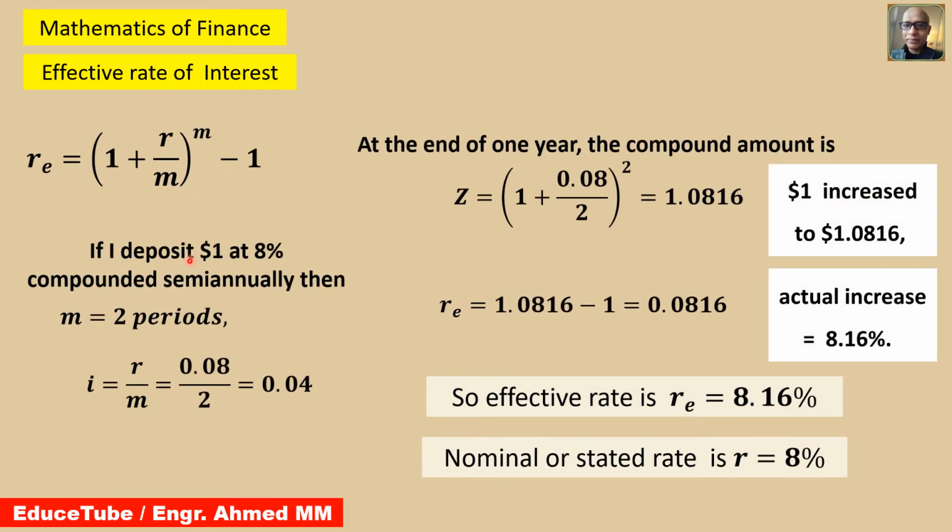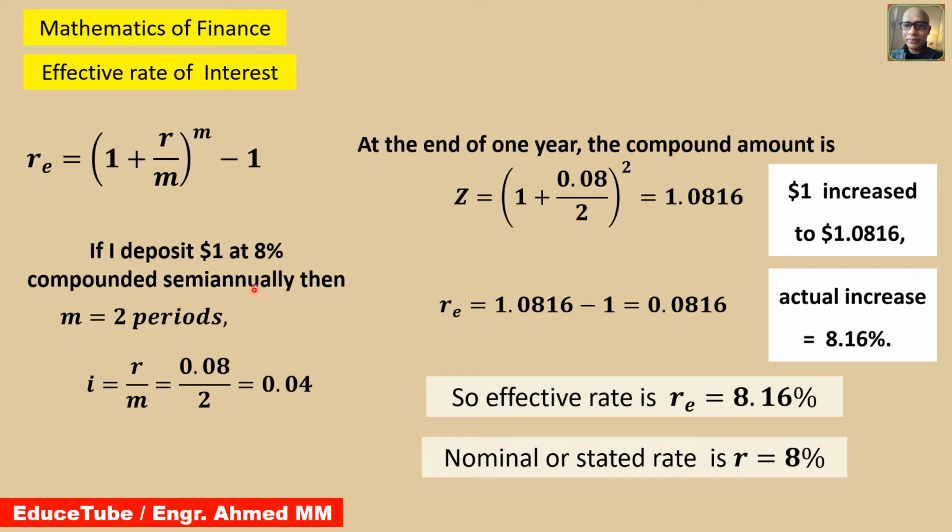I have taken a very simple problem. This is the formula we already saw in the previous slide. If I deposit $1 at 8% compounded semi-annually, 8% is the value of r.